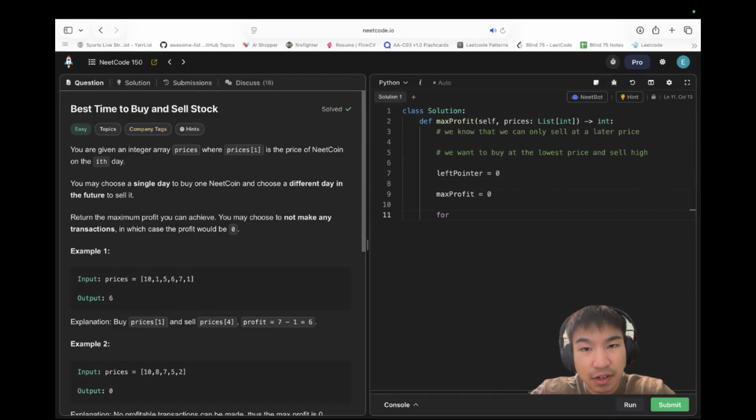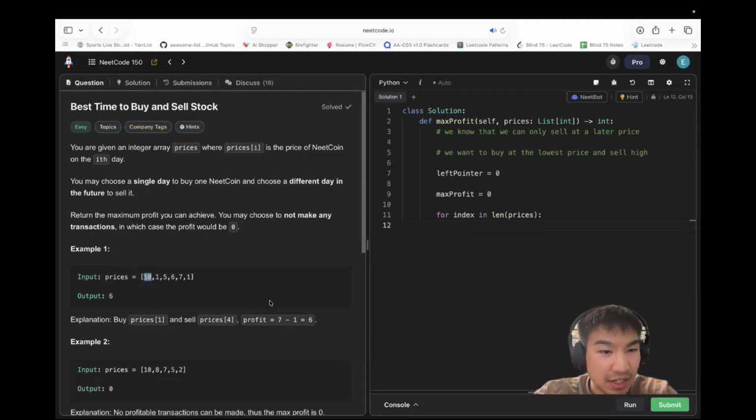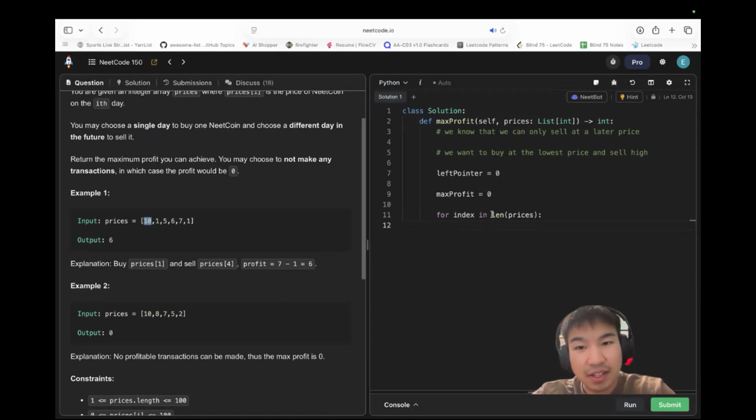Let's see, so for index in length of prices. Right now, left pointer is at 0, and the length of prices, we could just say 10.